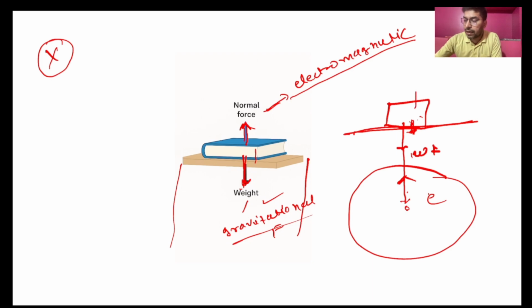And in reverse, normal reaction, the table is applying on the book, right? So these two we can now consider an action reaction pair, right? The book applied on the table and the table applied on the book. So again I'm repeating, weight and normal reaction are not an action reaction pair.